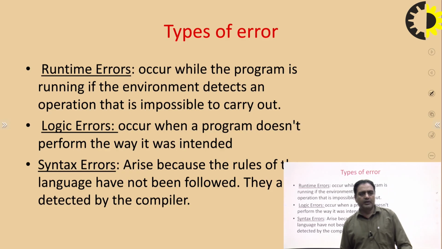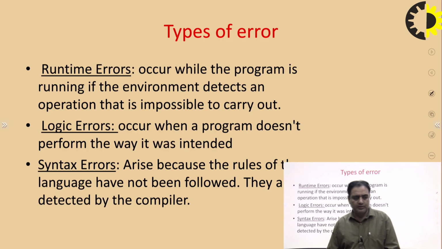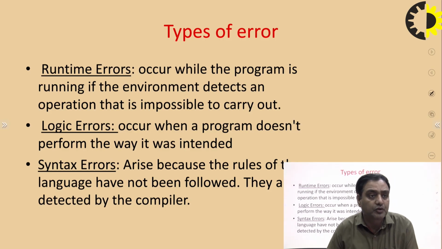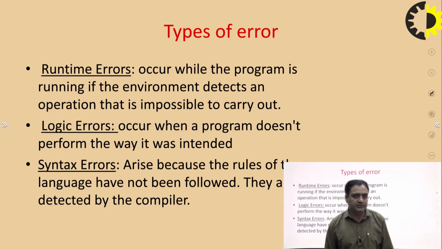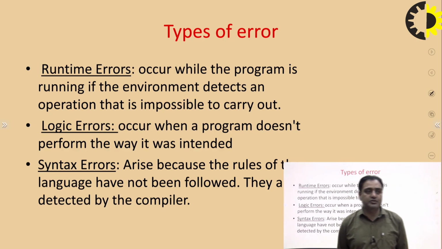So if you forget to put the colon or semicolon or comma or double inverted comma or single inverted comma, or if you are making the variable name a keyword, using a keyword, for example int for semicolon, but here for is also a keyword.